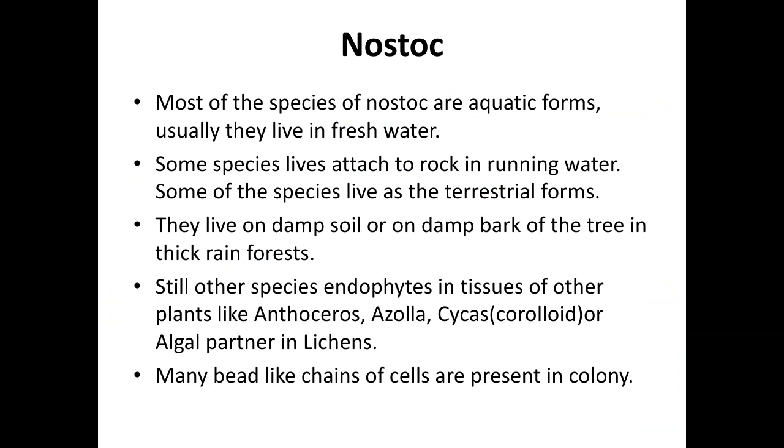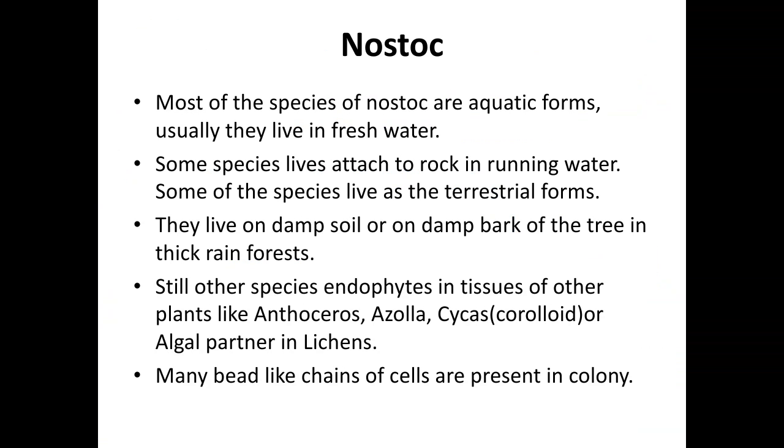They live on damp soil or on damp bark of the tree in thick rainforest. Still other species are endophytes in tissues of other plants like Anthoceros, Azolla, Cycas. In case of Cycas, coralloid roots are there, or algal partner in lichens.